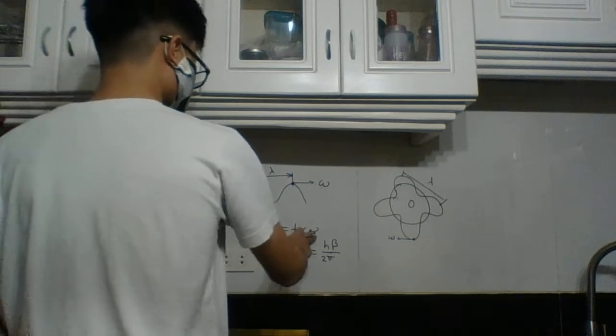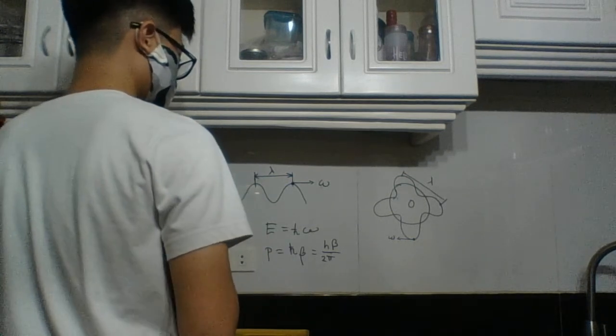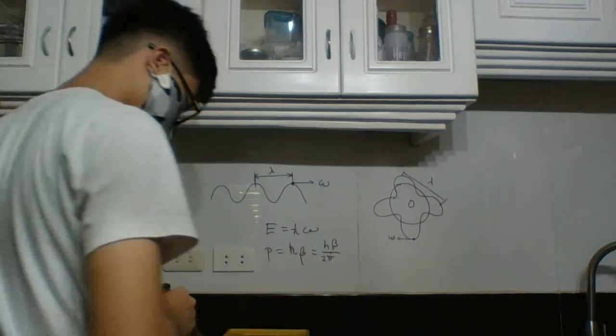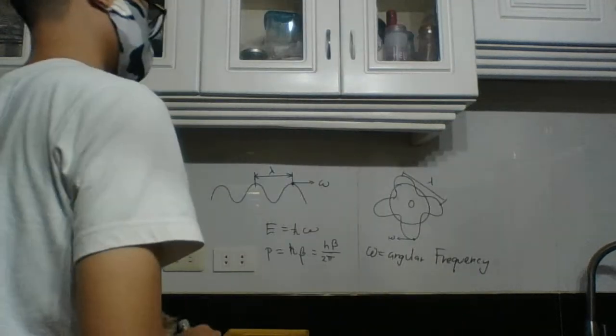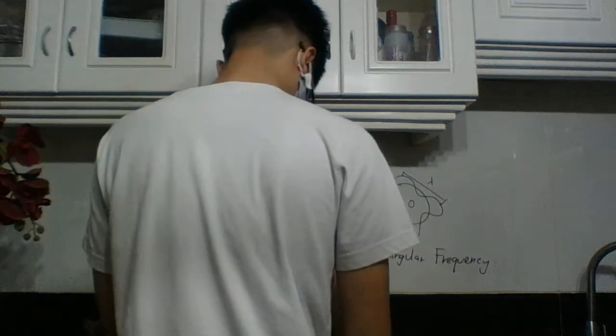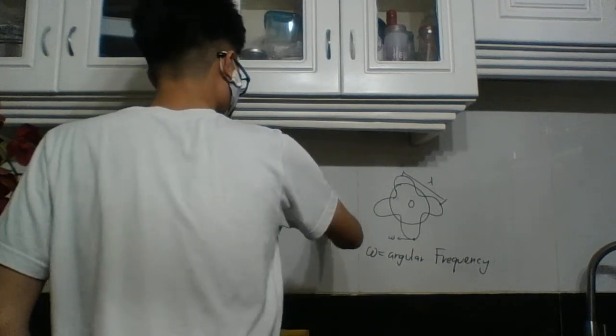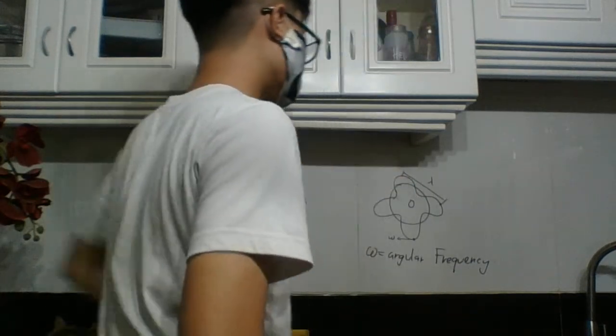Energy is directly proportional to the angular frequency, which I'll call omega. Omega really only applies when we wind a wave around a circle.